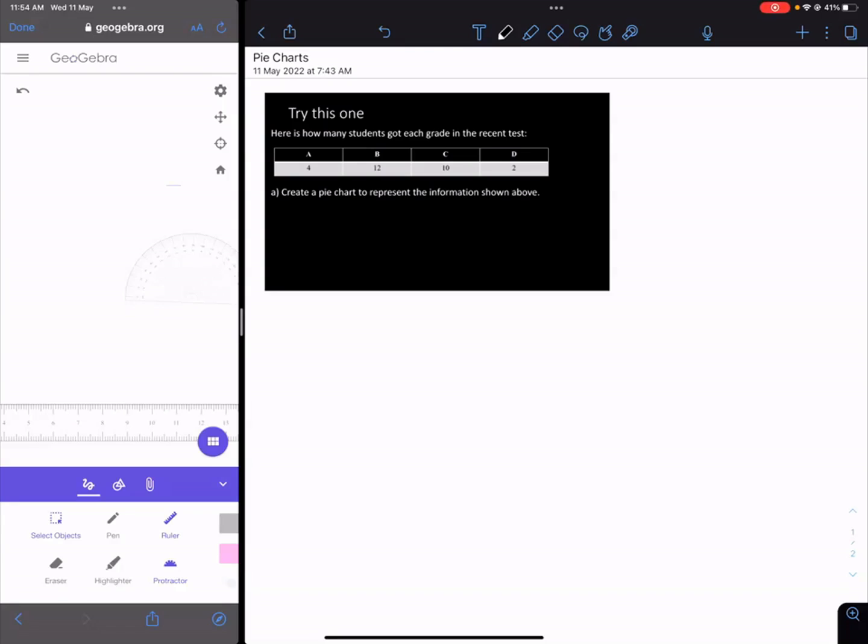Pie charts. First thing, when you are given your data, we need to have our table which showcases the total of our data. So step 1.